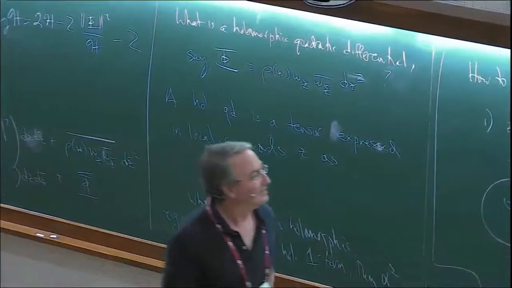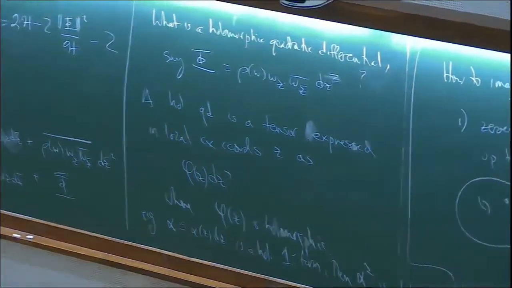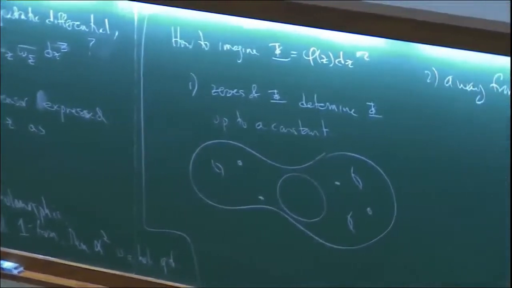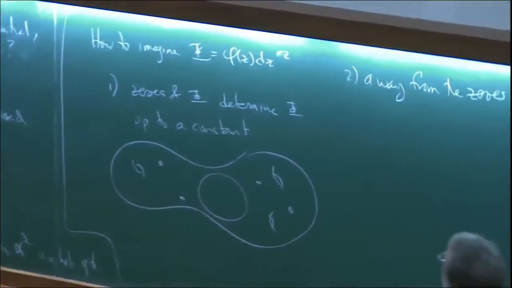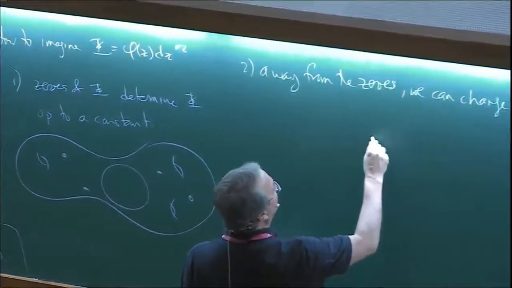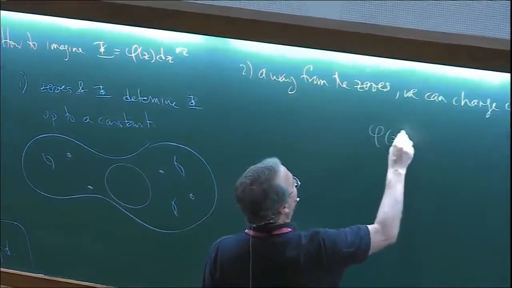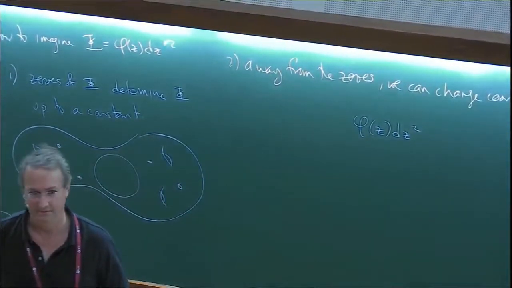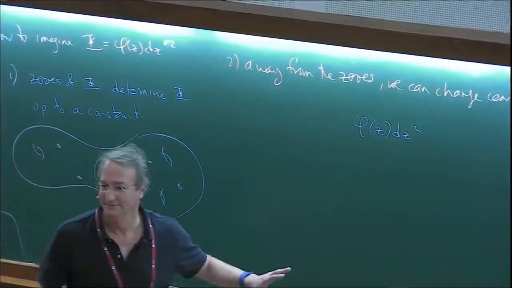Okay? So, but we can change coordinates. This is my simplest way of getting at it. It's the slickest way. It's maybe not the best way to get at the picture I want to draw. So I'm away from the zeros. So I have this phi of z dz squared object locally, right?